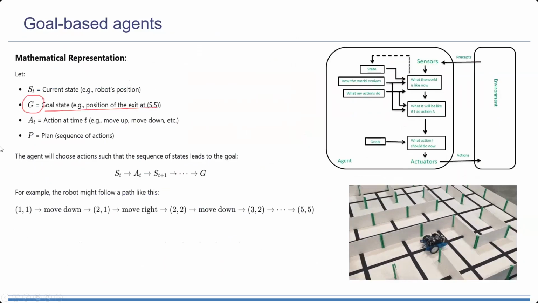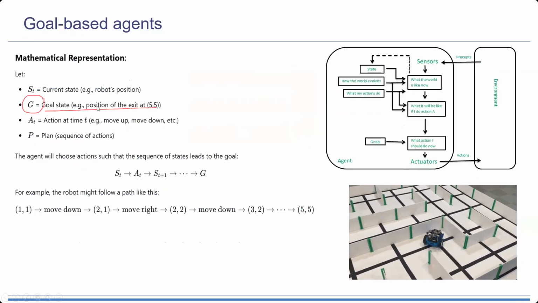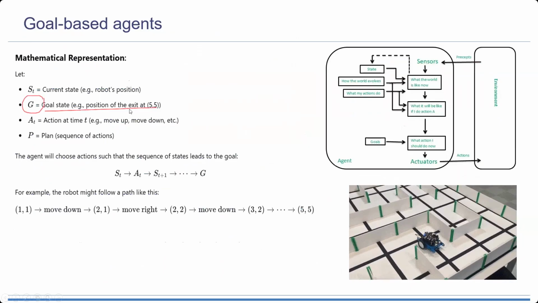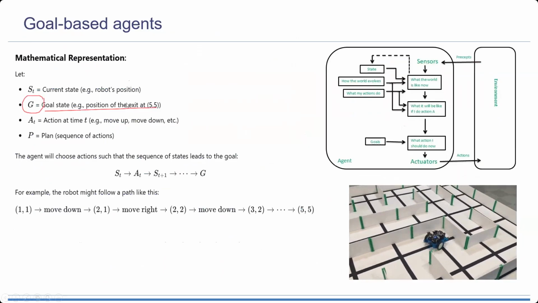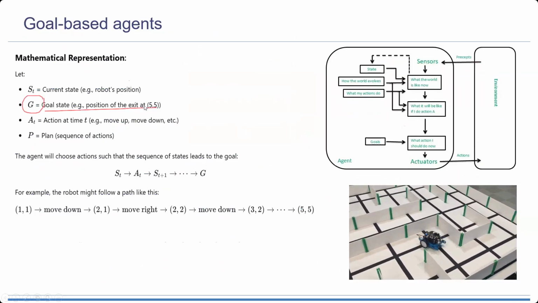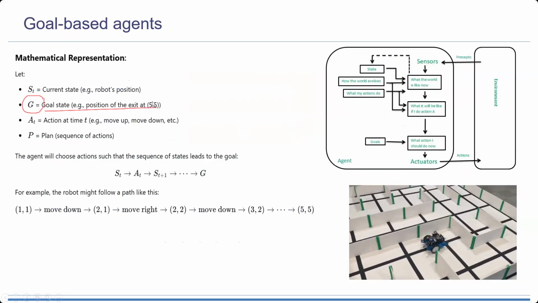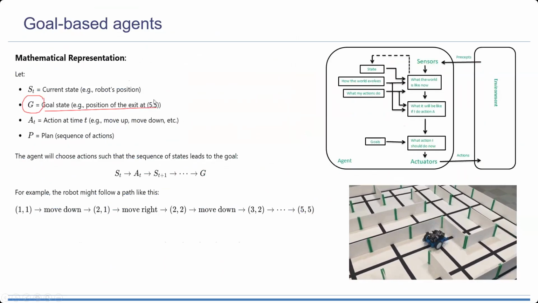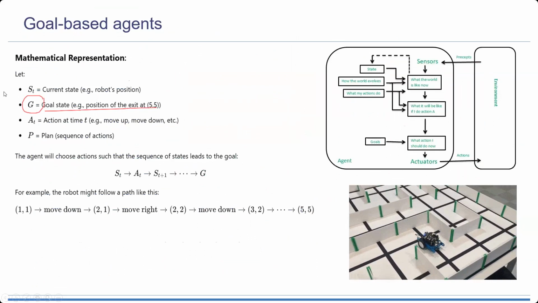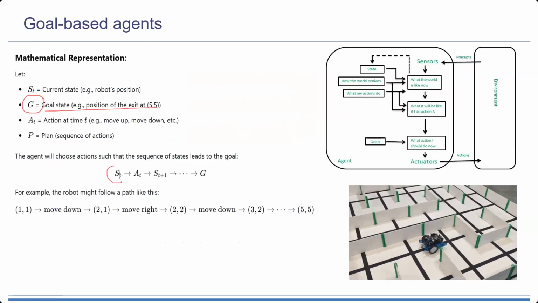Then we need to define the goal. The goal is the position of the exit. Before the exit, there should be an action. So the action can be: what is the current state? Okay, you need to do an action if the state is not the goal.